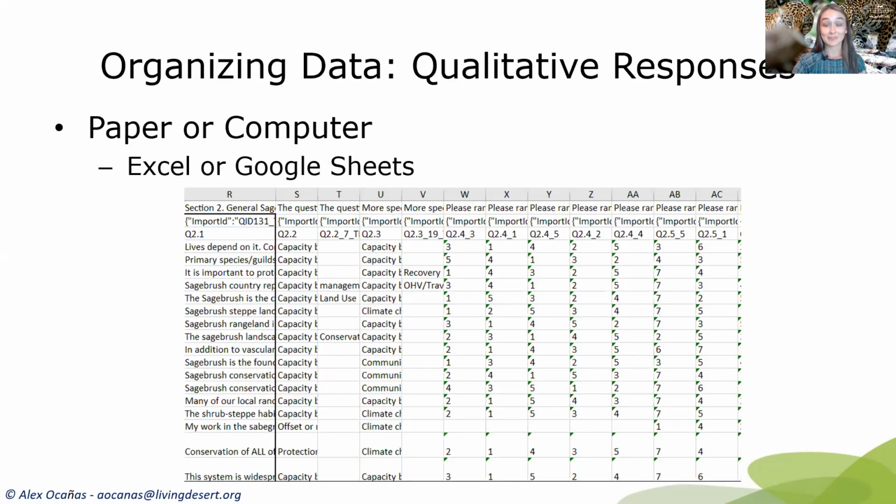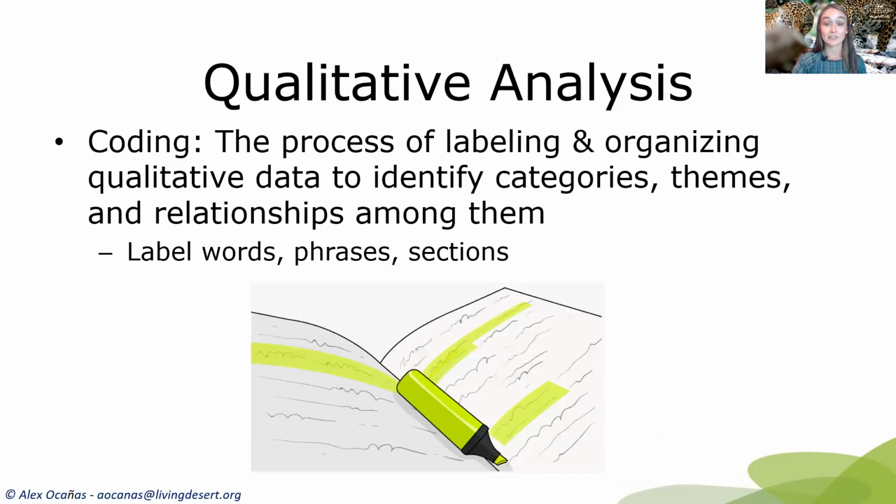So we're going to jump right into analysis here, right into coding. And I know that you've been introduced to this term already, but to review, coding is just the process of labeling and organizing our data to identify different categories, themes, ideas, and relationships among them in general.